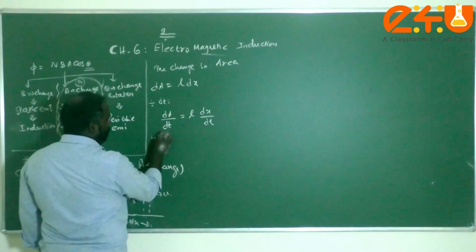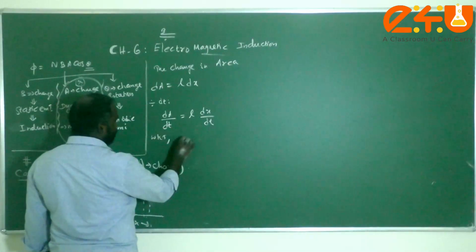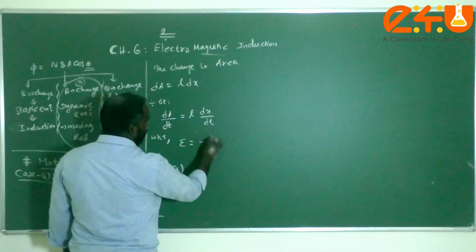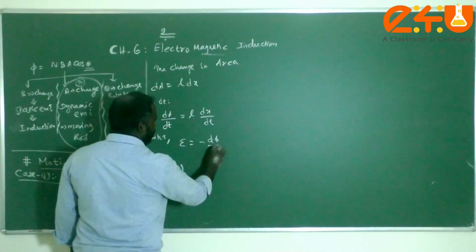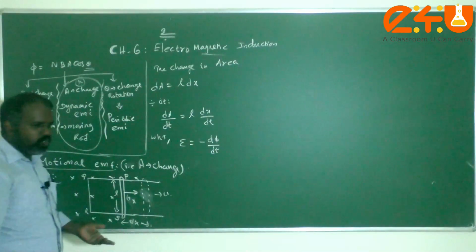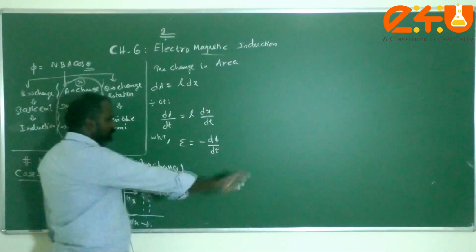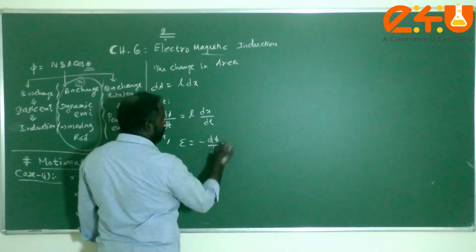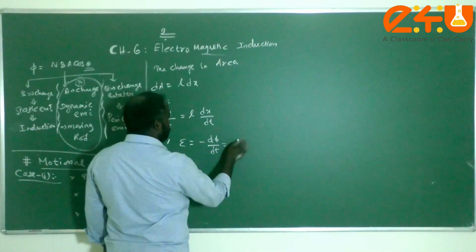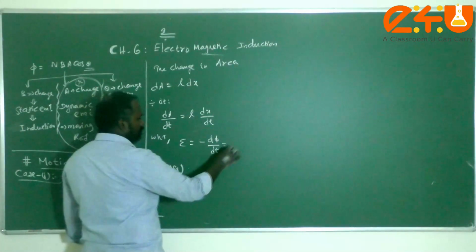We know by definition, what does Faraday's law say? EMF is equal to minus dΦ by dt. Here Φ is B into A cos theta, where cos theta is 1. B is a uniform magnetic field, so it is taken out as a constant.